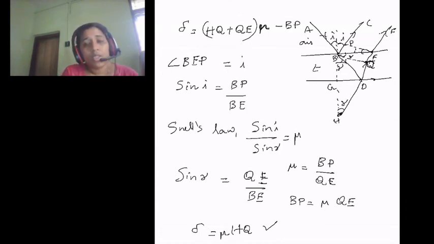Therefore mu is equal to sin i by sin r, which is equal to BP by QE. Therefore we got the expression for BP as mu QE. Substituting in that expression for path difference, delta is equal to HQ plus QE into mu minus mu QE. That mu QE can be cancelled out, then the resultant value is mu HQ.